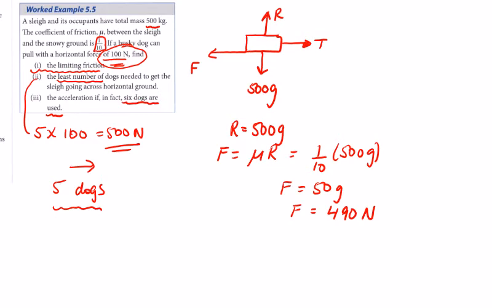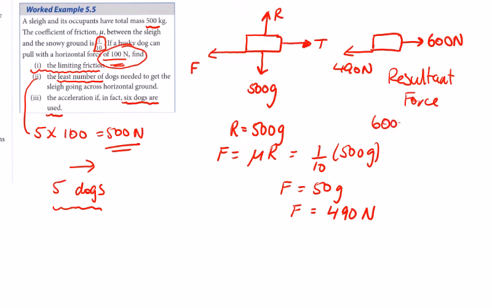So if I have 6 dogs, I have 600 driving it, and I have 490 opposing. So my resultant force is going to be 600 minus 490, which is equal to 110 newtons.